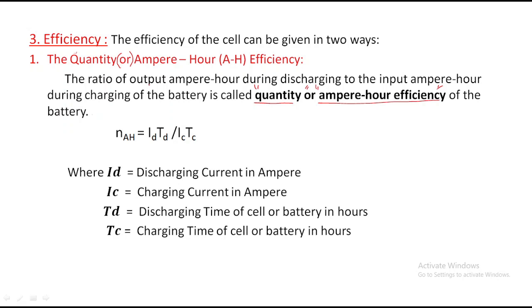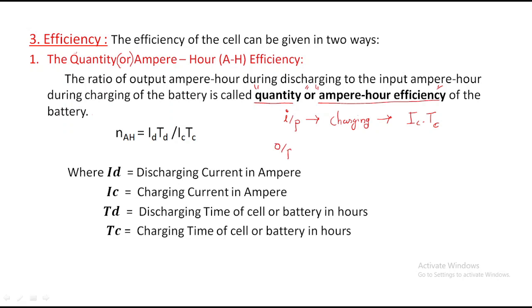Efficiency is nothing but output by input. What is the input of the battery? Input means charging. During the charging, the charging capacity is charging current and charging time.